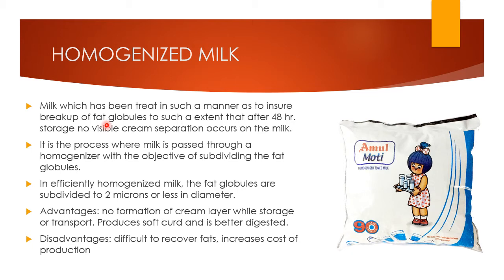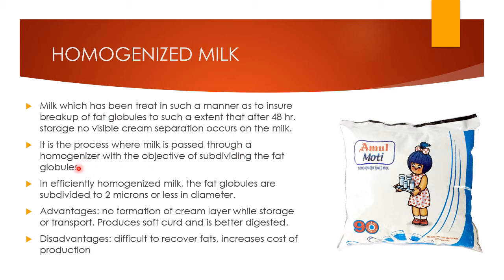Why is that? Because during storage and transport, milk gets agitated a lot, and this leads to aggregation of the fat globules, which forms a visible cream layer on the milk. To avoid this, the fat globules are broken up by using a homogenizer.